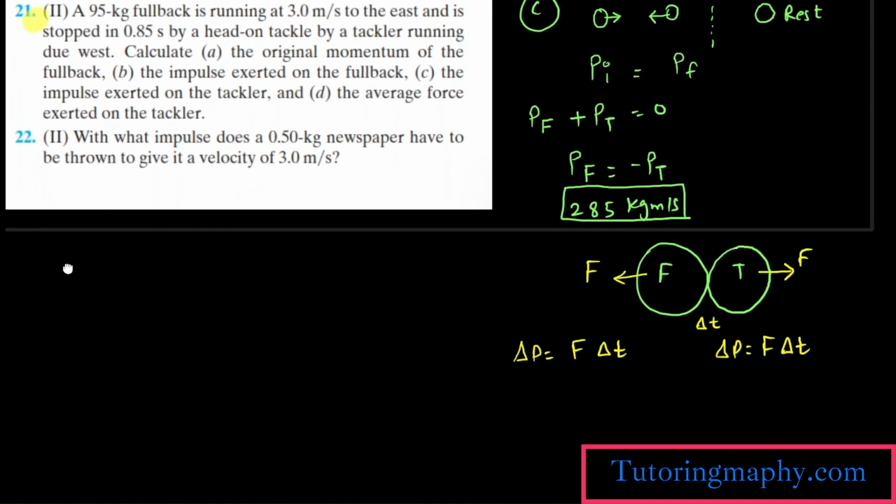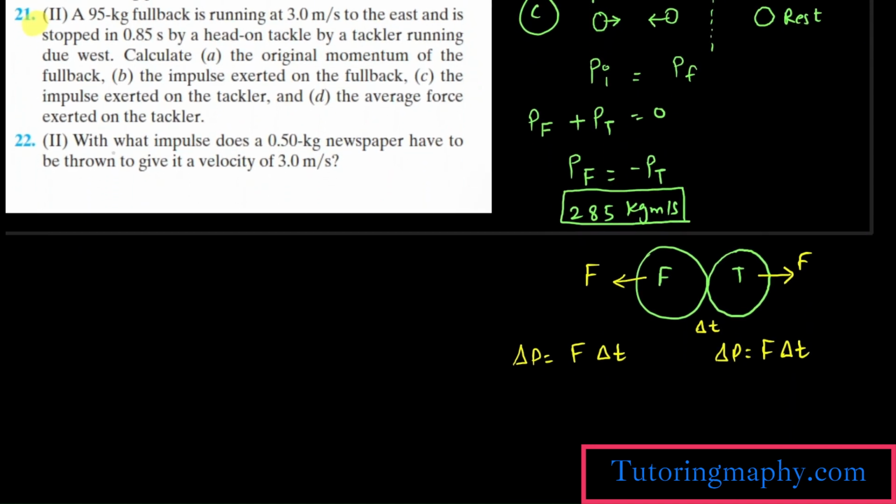All right, can you work on the last part? What is the average force exerted on the tackler? F is equal to change in P over change in T. We are talking about the tackler, so the change in momentum is towards the right side, so it's positive, not negative.